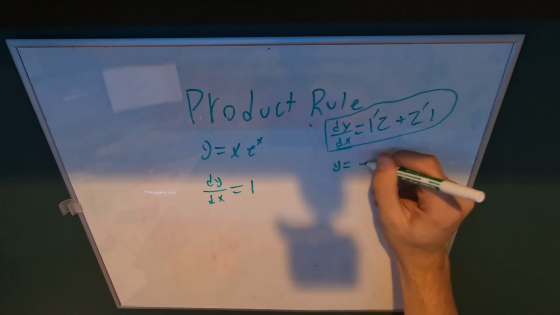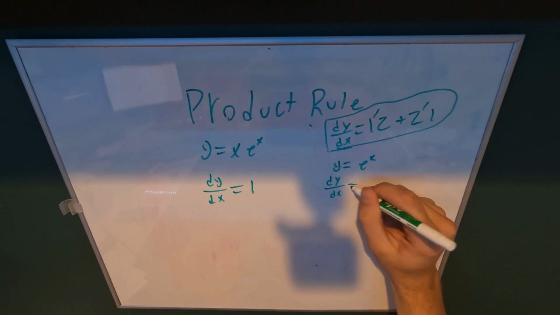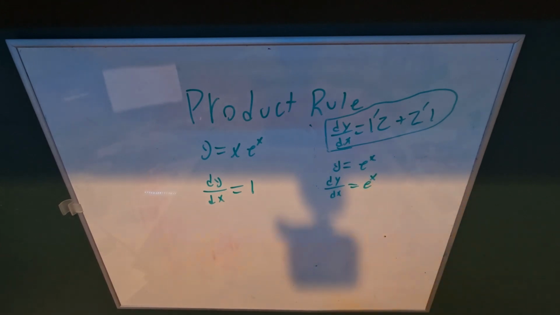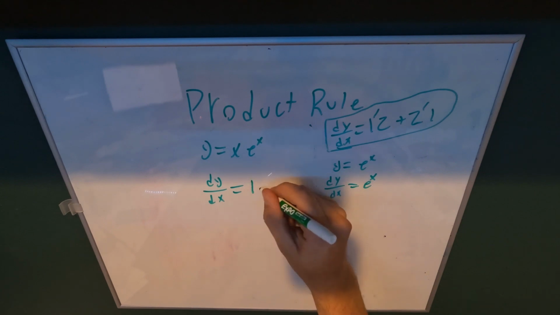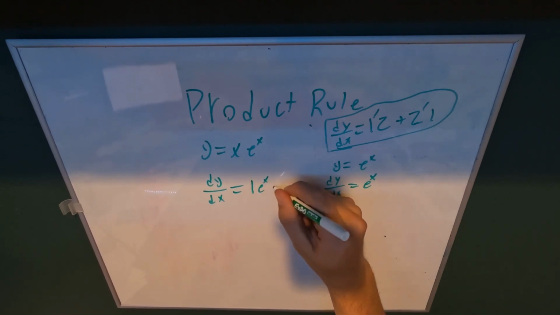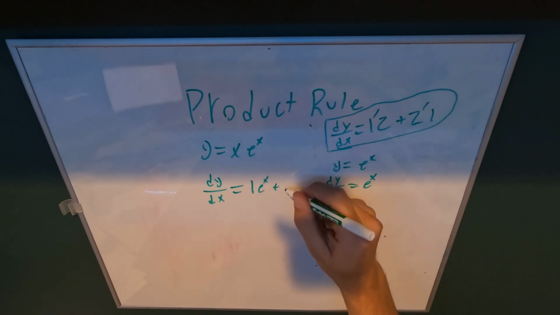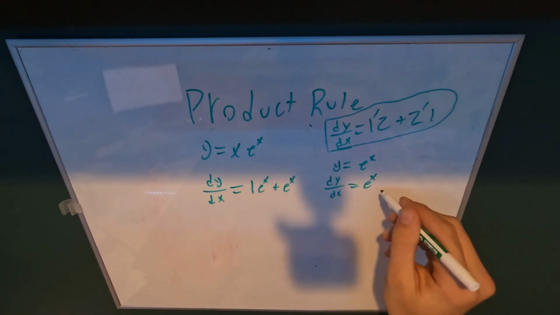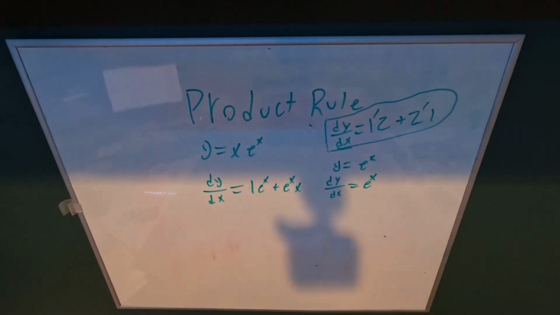And remember, when y equals e to the x, the derivative of that is just e to the x again. So times the second is e to the x, plus derivative of the second, which is just e to the x, times x.